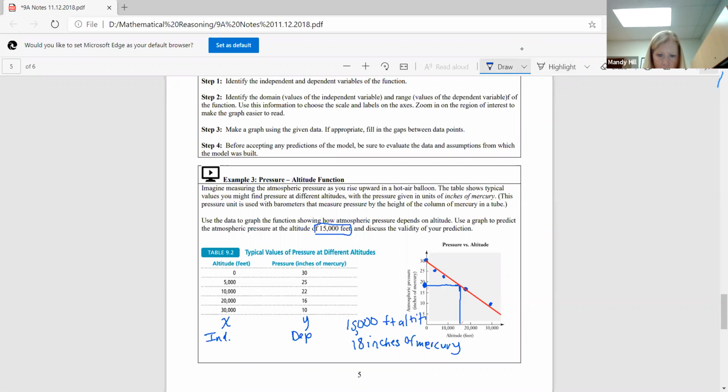Okay. So using the graph, we predict that the atmospheric pressure at 15,000 feet is about 18 inches of mercury. Because we've sketched the function only roughly, we should expect this prediction to be approximately, but not exactly correct.